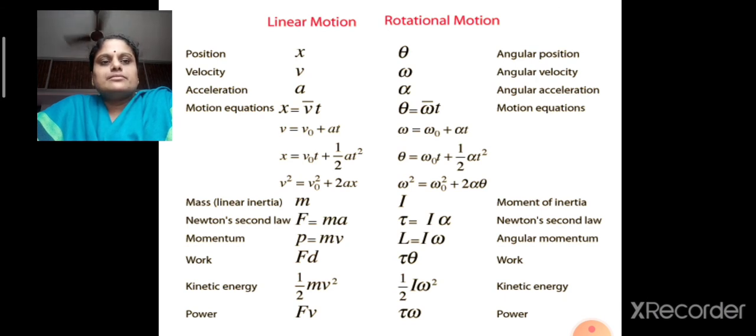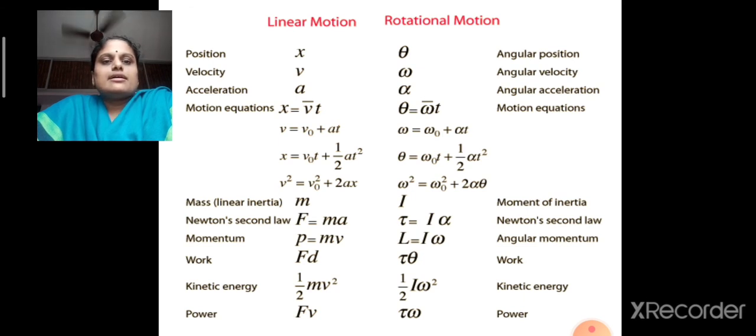Mass m is replaced by moment of inertia I. F is equivalent to ma, that is Newton's second law. Analogous equation is tau is equivalent to I alpha. Momentum P is equivalent to mv. Angular momentum L is equivalent to I omega.